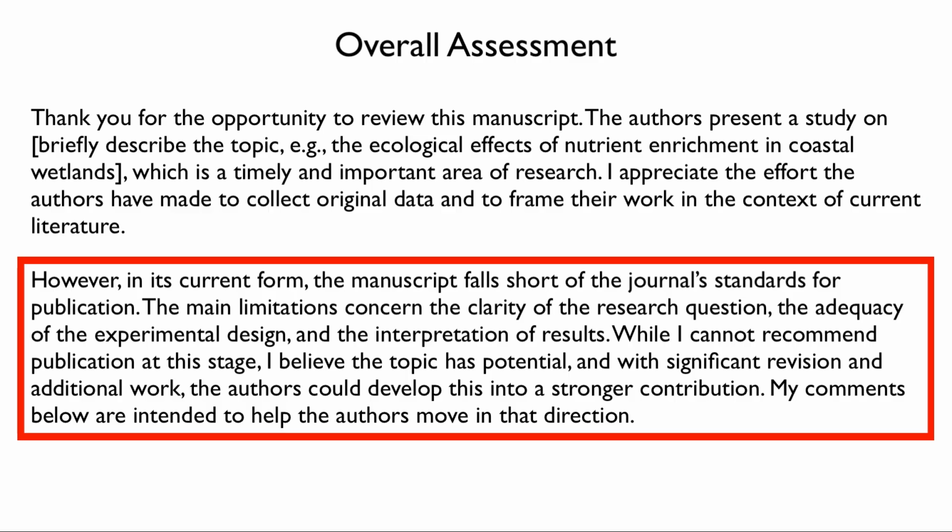Then state the paper's weaknesses and generally why it is not ready for publication. In this example, the reviewer points out that in its current form, the manuscript falls short of the journal's standards for publication. The main limitations concern the clarity of the research question, the adequacy of the experimental design, and the interpretation of results.